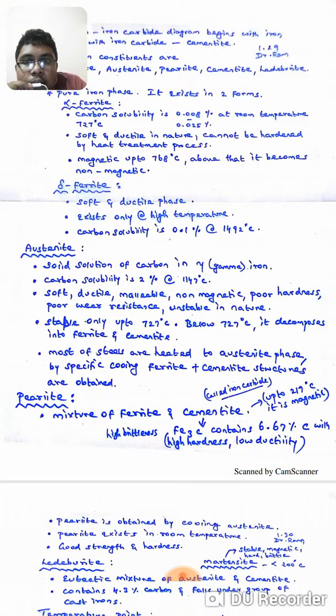Austenite is only stable down to 727 degrees centigrade, and below that it becomes ferrite and cementite. Most steels are heated up to the austenite phase, so by specific cooling, ferrite plus cementite structures are obtained.